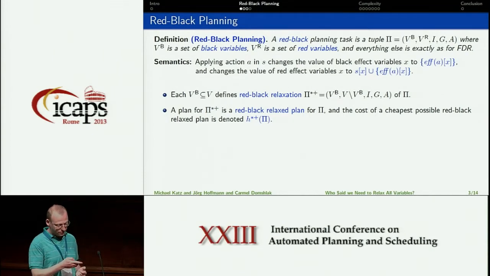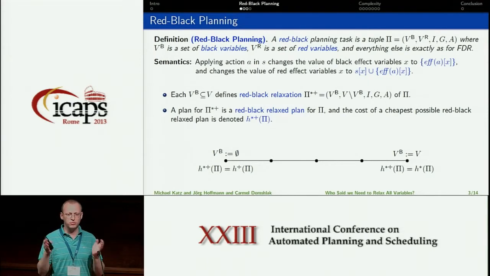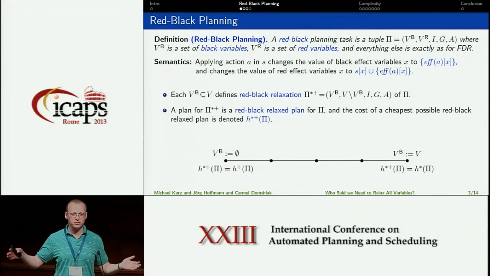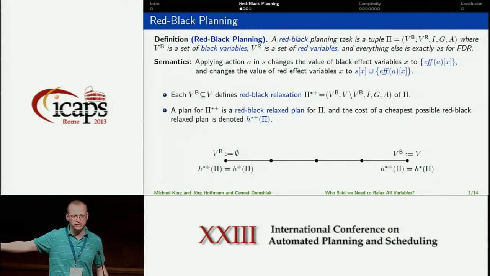If you take the empty set to be black variables, you get all of them relaxed, so that would be h+. If you take the set of all variables to be black, you get h*. So we can actually vary between h+ and h*.